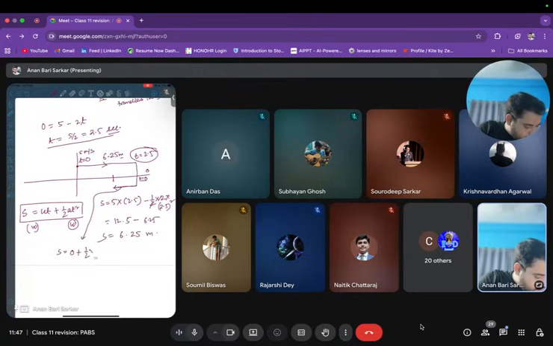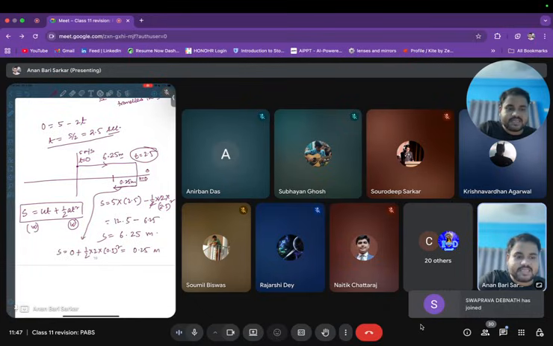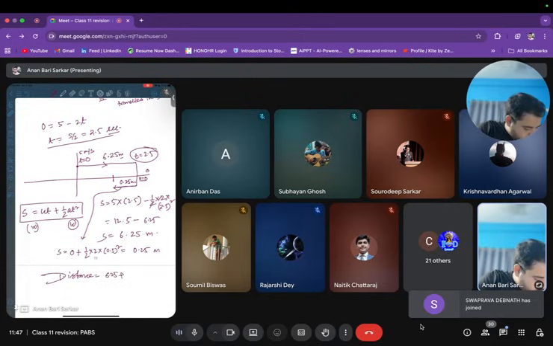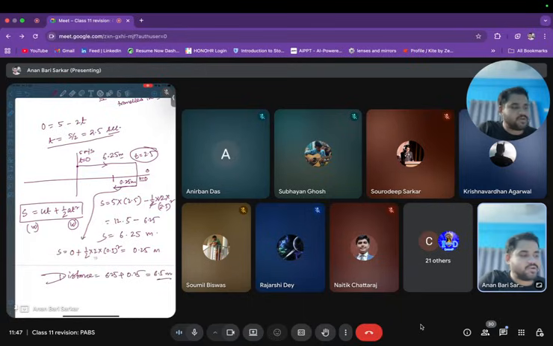So half a टी स्क्वायर, तो 0.5 का 5 का स्क्वायर कितना थे 25, तो 0.5 का 0.25, टोटल कितना हुआ, ये कितना हुआ 0.25 मीटर। मैंने क्या पूछा था, डिस्टेंस पूछा था, तो डिस्टेंस कितना हो जाएगा 6.25 प्लस 0.25 मीन्स 6.5 मीटर, दैट इज व्हाट यू गाइस हैव डन.